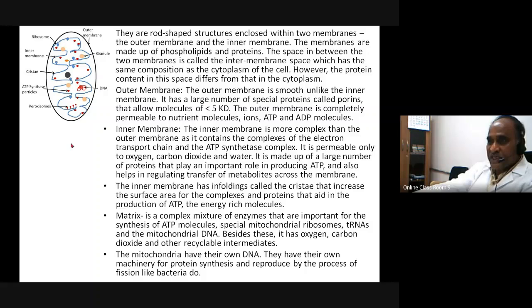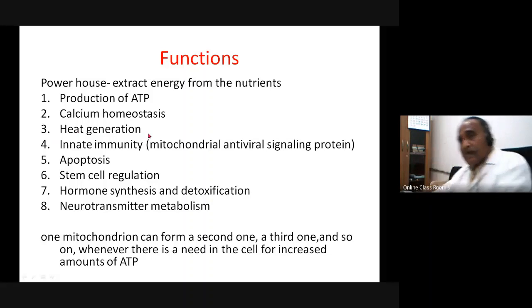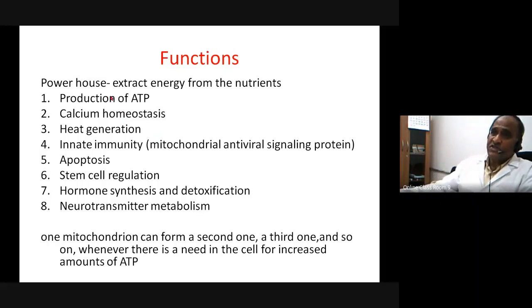Hope that is clear. Now, the functions of the mitochondria include production of ATP. It is involved in calcium homeostasis. It is involved in heat generation, especially in brown adipose tissue. It participates in innate immunity, especially the mitochondrial antiviral signaling protein.